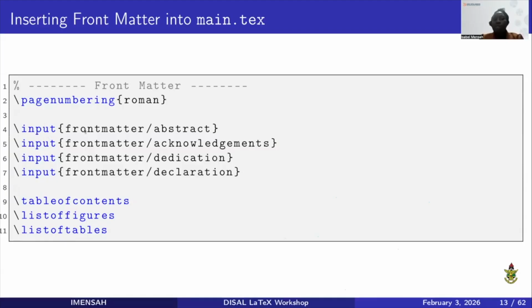When you do input, the folder that the front matter would be lying in is the front matter folder. So you indicate frontmatter/abstract, frontmatter/acknowledgement. In this order, it would appear in this order. If you don't arrange it in this order, and let's say you do frontmatter/declaration before frontmatter/abstract, you should expect that it would appear like that. It will not automatically arrange it for you.